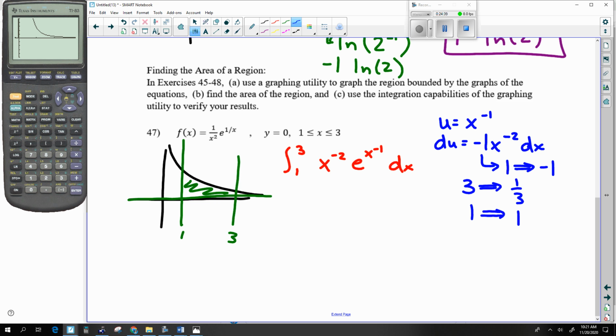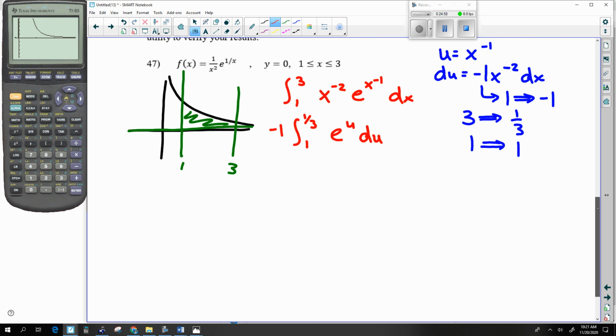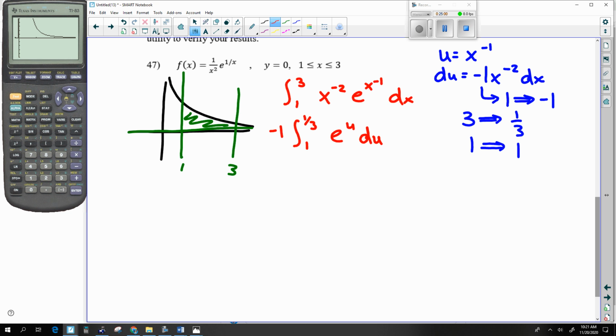Okay, so updating my integral here, this is going to be negative 1 of 1 to 1/3 of x squared goes away. This is e to the u and u. e to the u is e to the u. And again, this is from 1 to 1/3, -1.